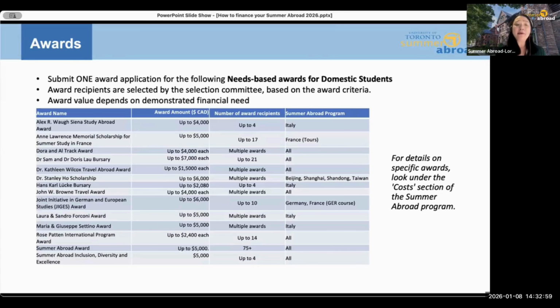The next slide here really has a list of all the award names. I want you to view it, but I don't really want you to put too much thought into it. The reason why I always list them is to make sure students understand that we actually have a number of awards, but you only need to apply and submit one needs-based award to access all these different summer abroad awards.